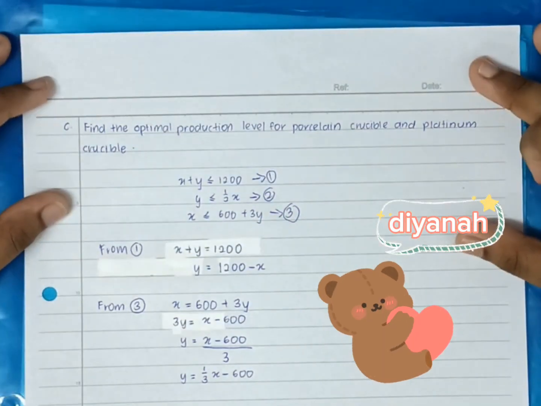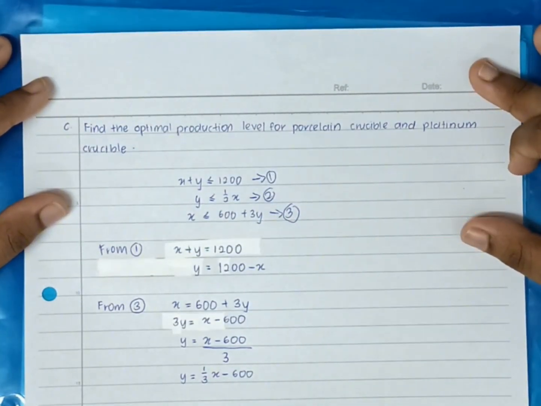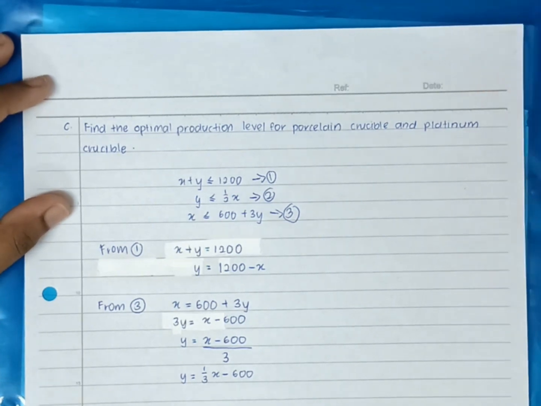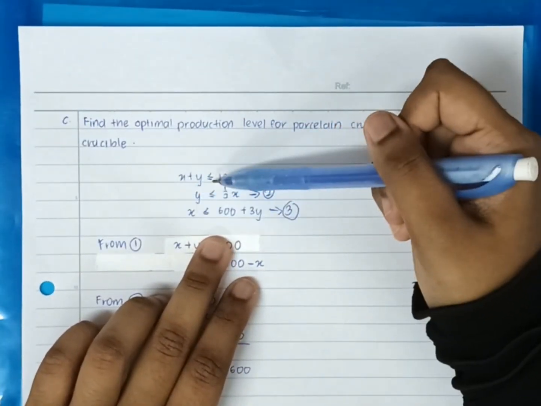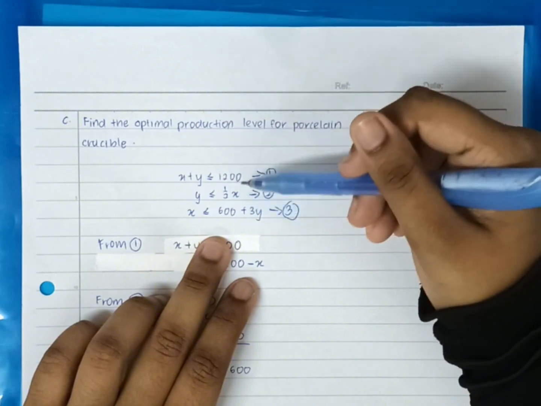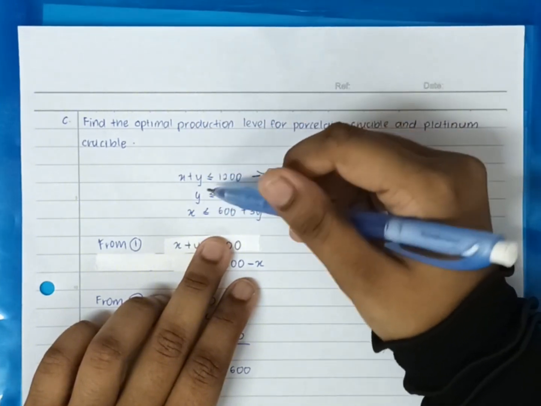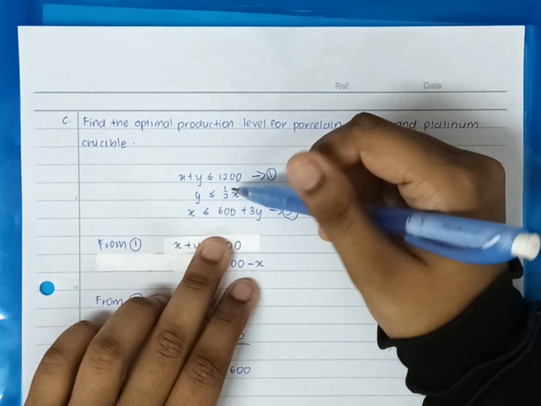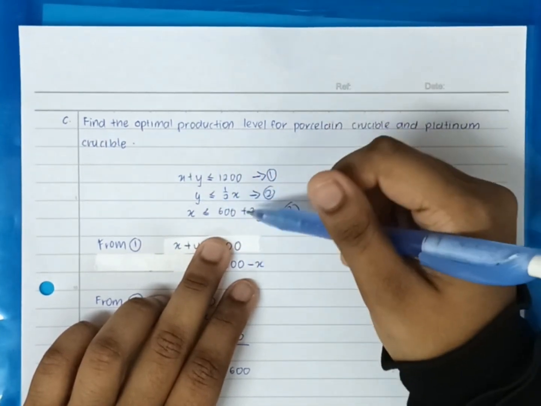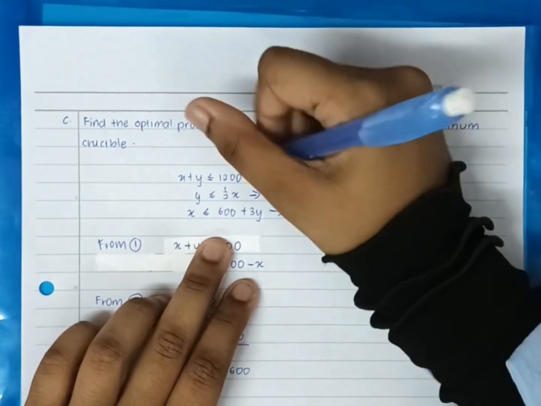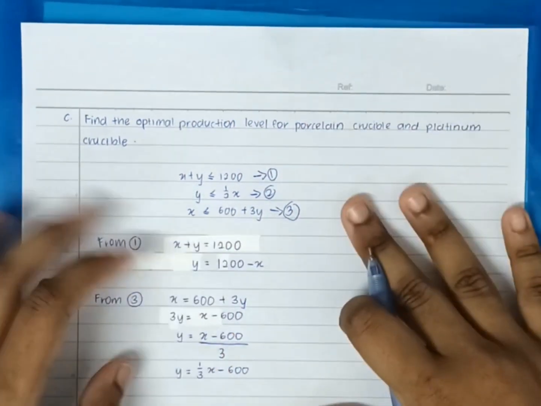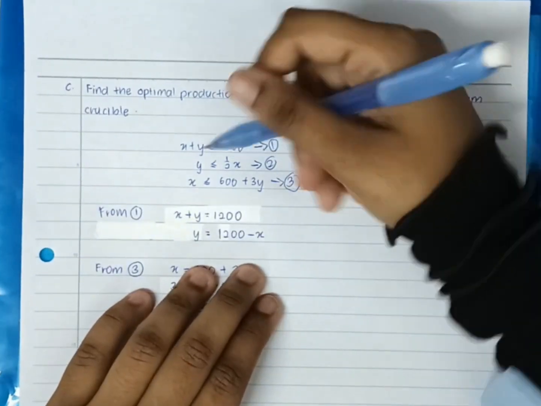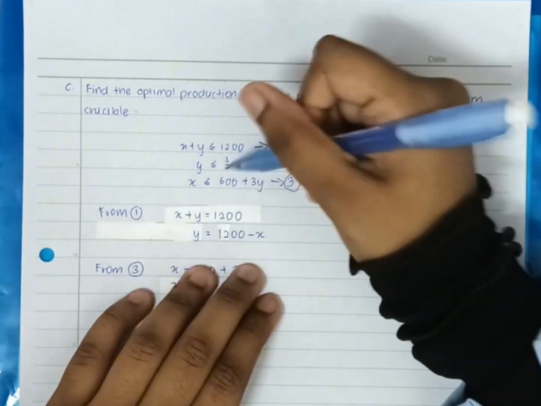For question C, we need to find the optimal production level for porcelain crucible and platinum crucible. So we will be taking the three equations from question A, which is X plus Y less than or equal to 1,200, and Y less than or equal to 1 over 2X, as well as X less than or equal to 600 plus 3Y. And we will be labeling them as 1, 2, and 3. So from equation 1, we want to make all these equations equal to y.